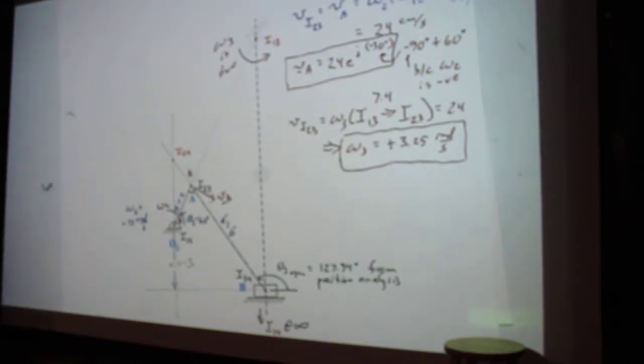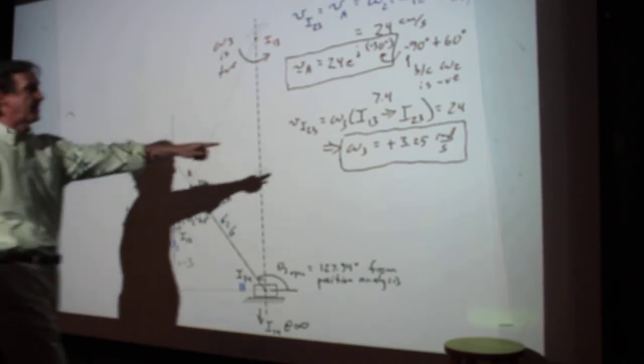Let's look at the velocity of I-34 now. Was the first one supposed to be the velocity of I-13? They both say I-23. The velocity of I-13 is 0, I know that, because that's ground. Ground's not moving. So you're talking about this here?